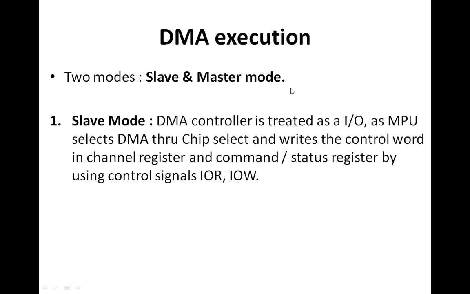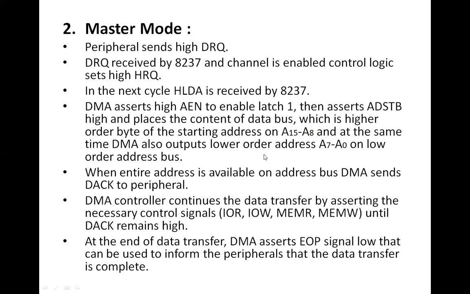But what happens in the master mode? In the very beginning, the 8237 works in slave mode, and once the control word has been written, it changes its mode from slave to master mode. Based on those control words, the 8237 starts its functioning, and it works as a processor instead of the peripheral device.